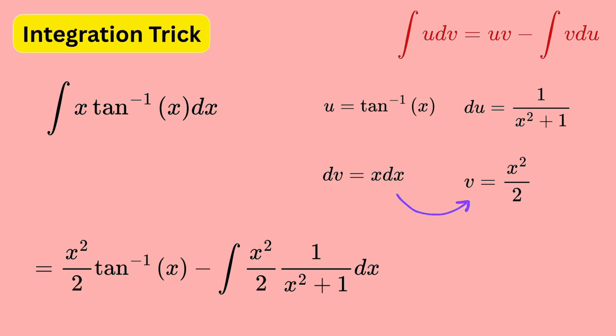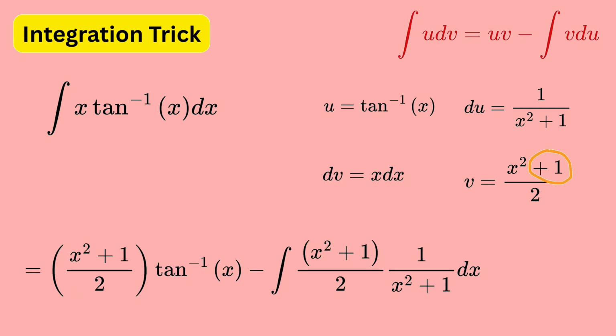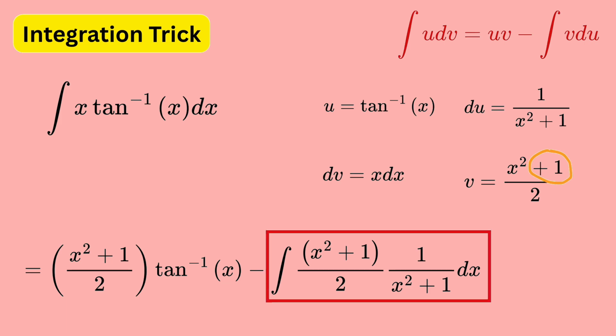But again, instead of choosing only x squared divided by 2, let us cleverly choose x squared plus 1, whole divided by 2. We simply added 1 to this x squared. Now look carefully at what happens next. During integration by parts, the numerator x squared plus 1 cancels perfectly with the denominator x squared plus 1.